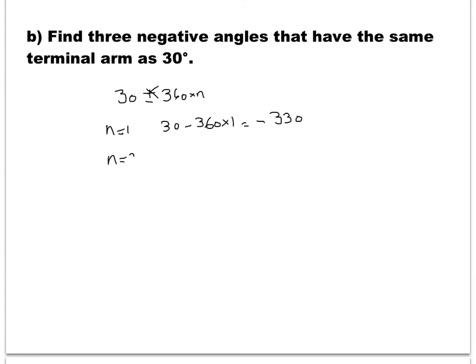If n is 2, we get 30 minus 360 times 2, which is negative 690. And if n is 3, we get 30 minus 360 times 3, which is negative 1050. So these are three negative angles that are coterminal to 30 degrees.